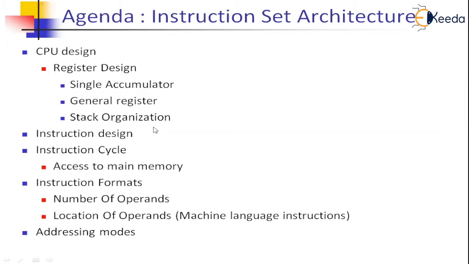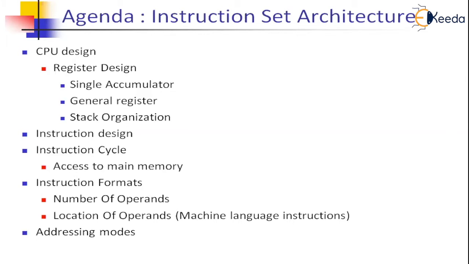Try to understand that there are several registers in the CPU. What is a register, first of all? A register is a collection of flip-flops. Let us not get into the details of the digital logic. A register is going to offer you a storage provision in terms of a few bits.